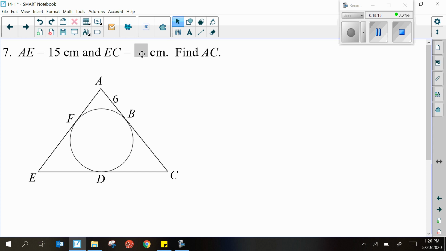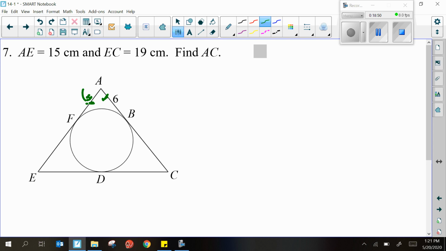Next, we have AE is 15, and EC is 19. They want me to find AC. Okay, so what do I know? AF and AB are both tangent. That means this is also 6. EC is 19. So this whole thing is 19. And I also know that AE is 15.